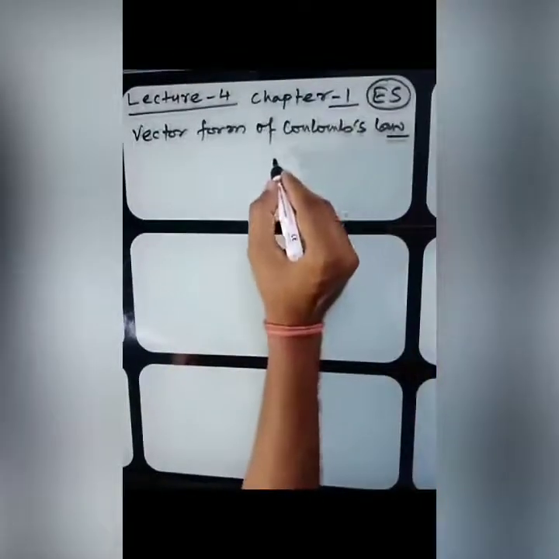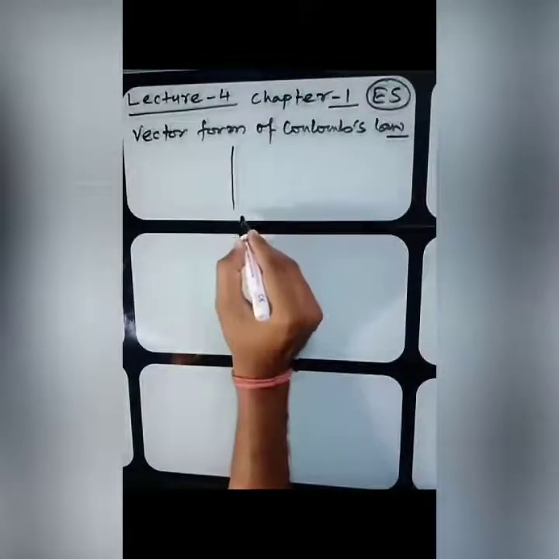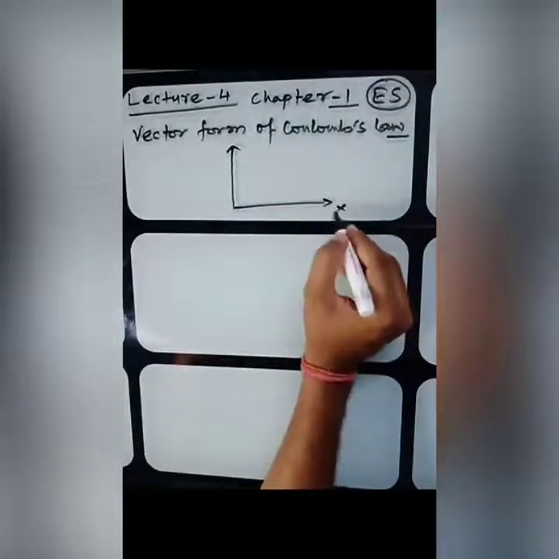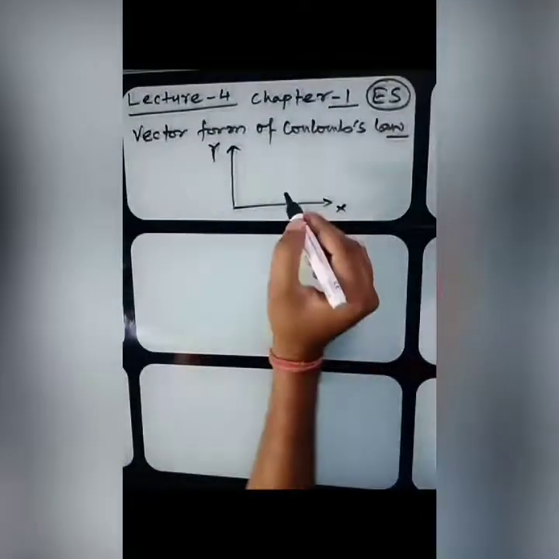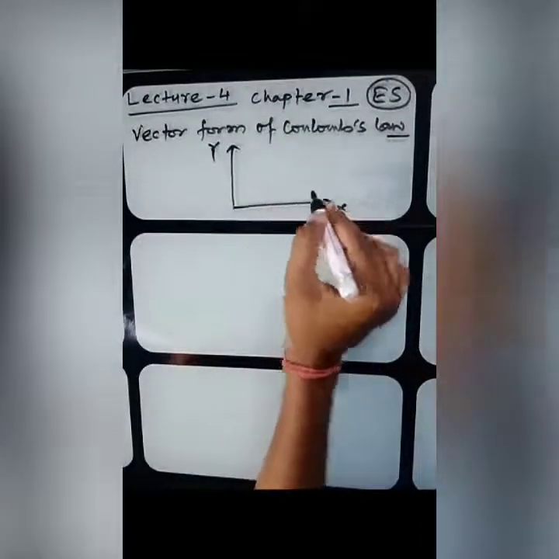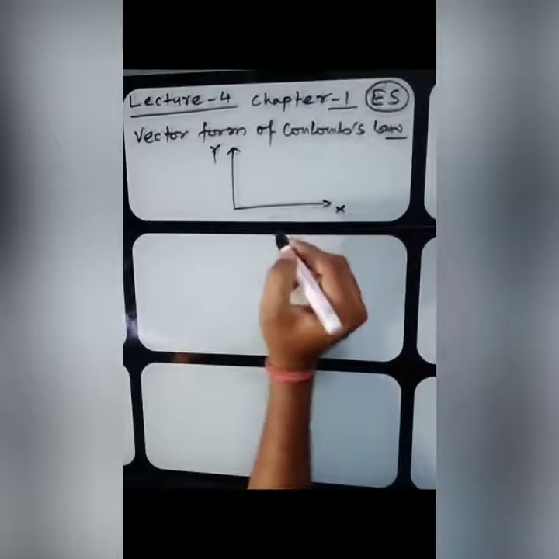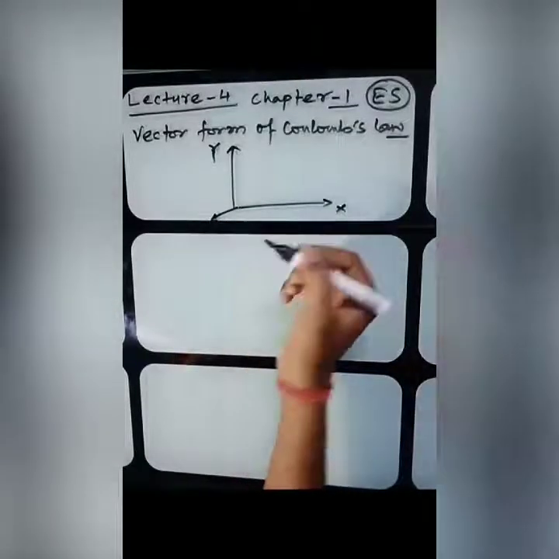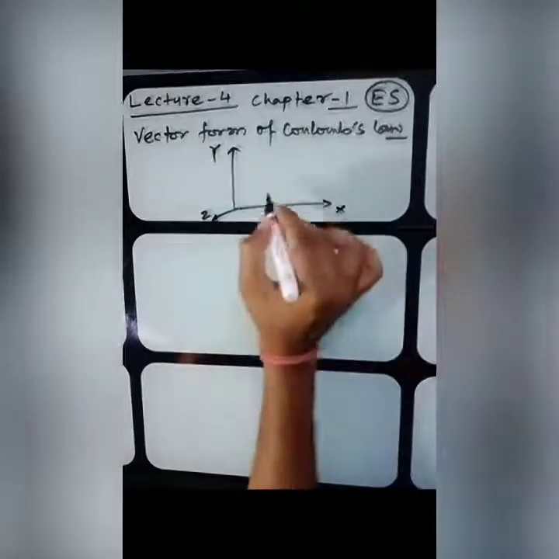Suppose we are having two charges. We are solving in an XY frame, but you can solve in an XYZ frame also. Okay, let me solve in an XYZ frame.